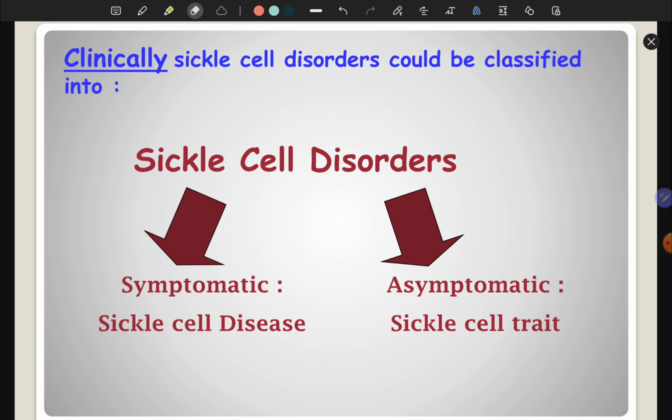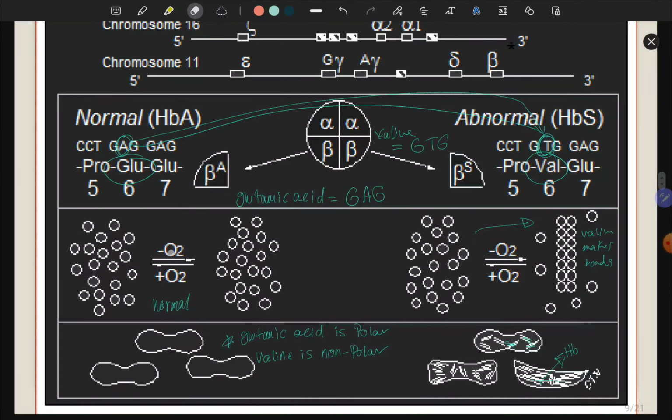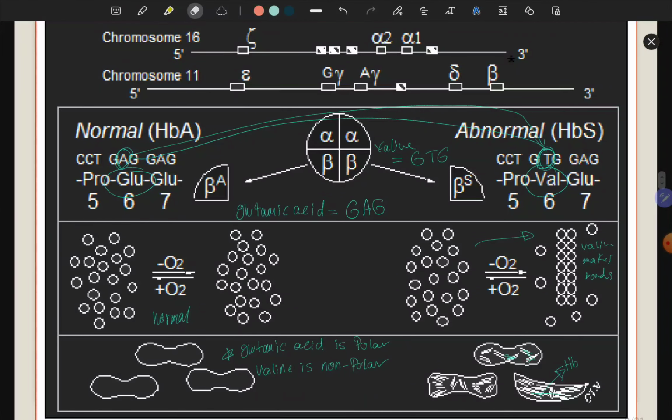Now, the mutation is happening in the beta chain. The beta chain gene is present from the early development of the embryo, which is correct. But the type of hemoglobin that carries the function of oxygen transport is not alpha beta.